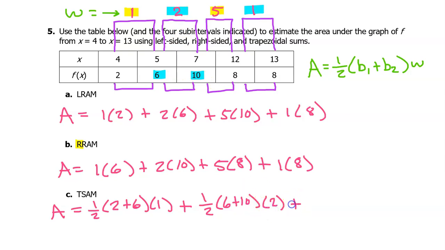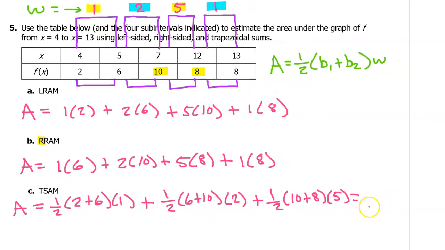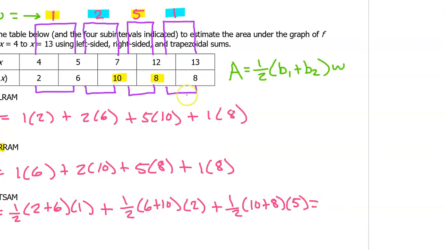All right, this is taking up a lot of space, but here comes the third trapezoid. So here's our third interval. This is going to be base 1. This is going to be base 2 for this interval. So we have 1/2, 10 plus 8 times the width, which is 5. All right, so I'm actually going to have to scroll over so this will fit, as we do the last interval, where this will be base 1 and this will be base 2.